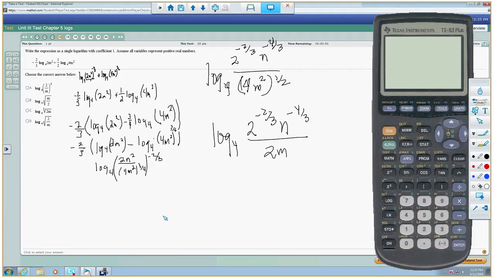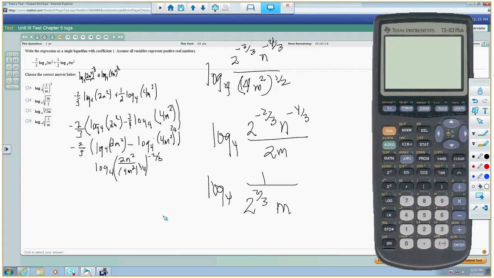2m. What did we have on the last two answers in the denominator? So we're still headed that direction. Both of these can be brought what? Down. So log base 4 of 1 over 2 to the 2/3, m. Is that an m or an n?